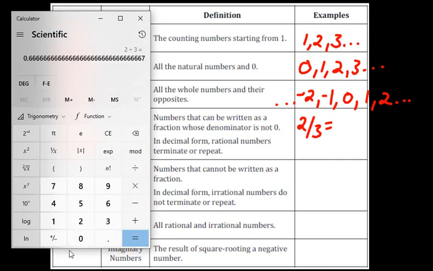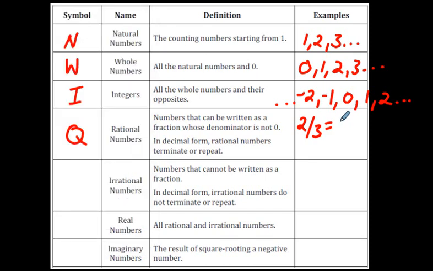Look at that. It's repeating here, isn't it? And it's going forever. That 7 at the end is only there because the calculator decided to round off. It's actually going forever as 0.6 repeated. Okay? So 2/3 is a rational number. It's 0.6 repeated. The way we write repeat is with that little line there.